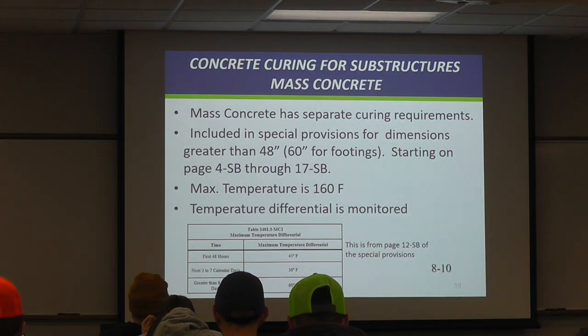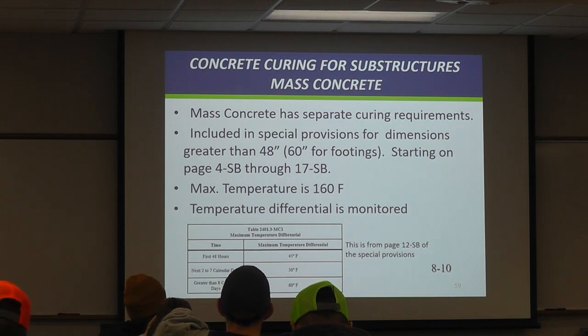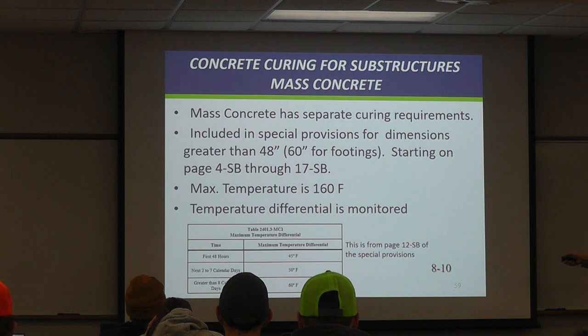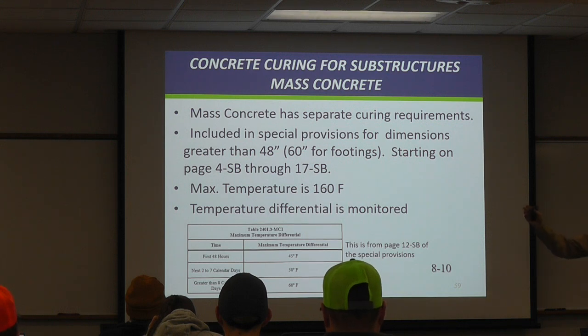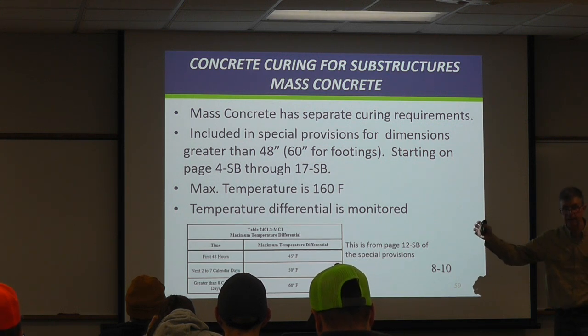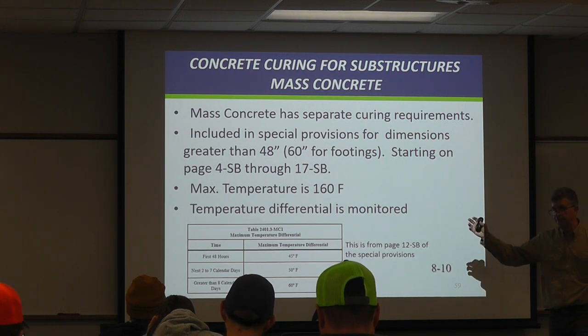I'll talk through what the mass concrete things are, because it's going to be correct here. So what I think is our special provisions, which should have been printed, this is what we have. Mass concrete is for elements that are bigger than either 48 or 60 inches.